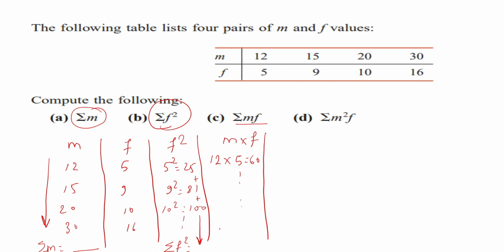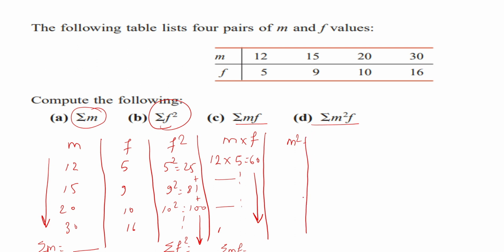After we get every value after multiplying m and f, we do sigma mf, which means adding all four values of this column. And in the fourth column it is telling us to calculate m square f, which means we first calculate m square.